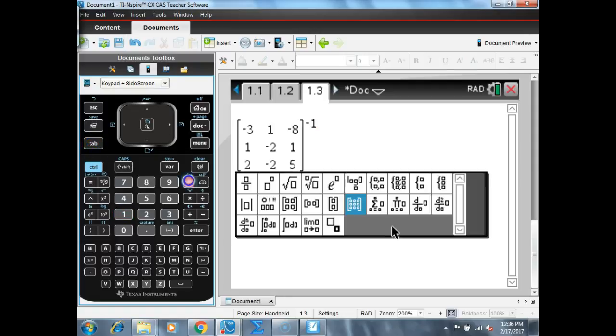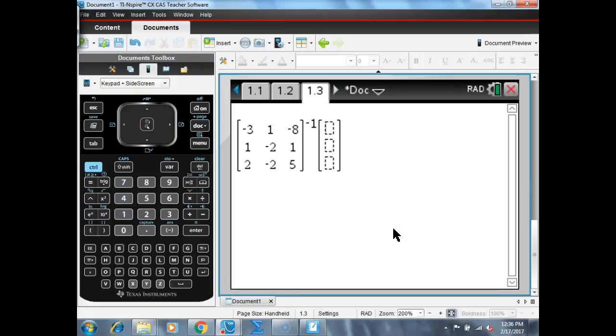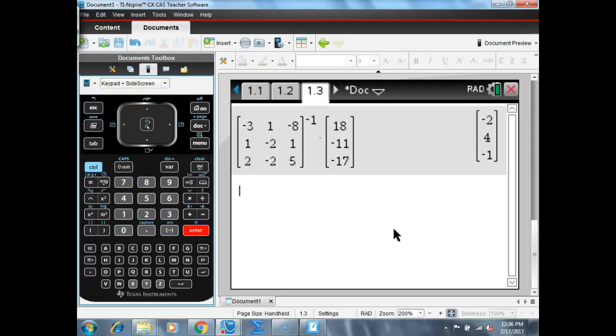Then I'm going to multiply that by a 3 by 1 matrix. 18, negative 11, negative 17. I got that one.